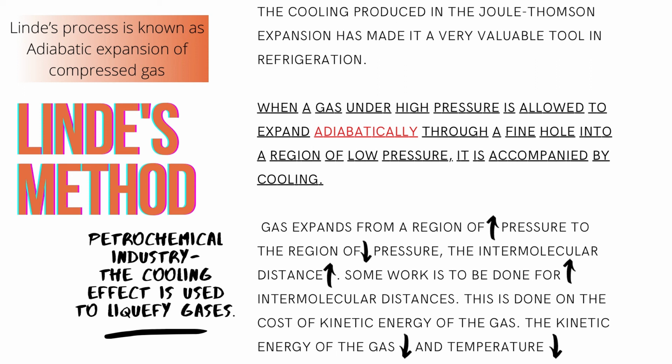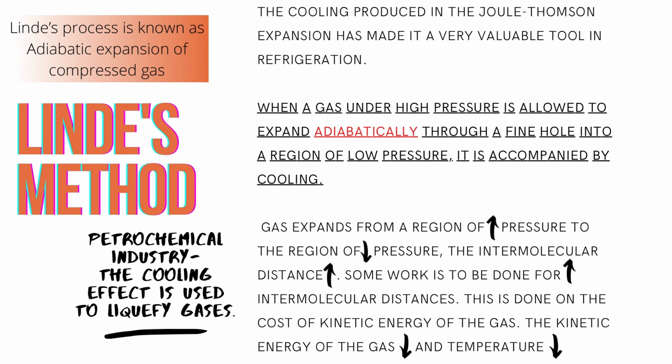An obvious reason for the cooling is that when the gas expands from a region of high pressure to a region of low pressure, the intermolecular distance increases. Some work has to be done to increase intermolecular distances. This is done at the cost of the kinetic energy of the gas.